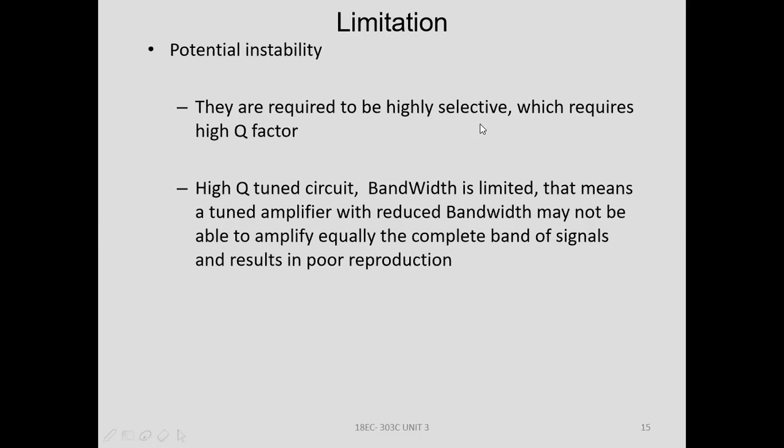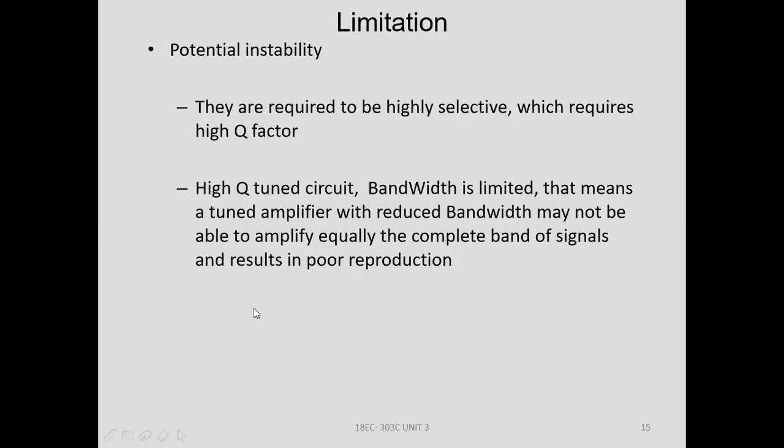Q is high means the gain of the circuit is high, but the bandwidth is reduced. A high Q tuned circuit offers limited bandwidth.